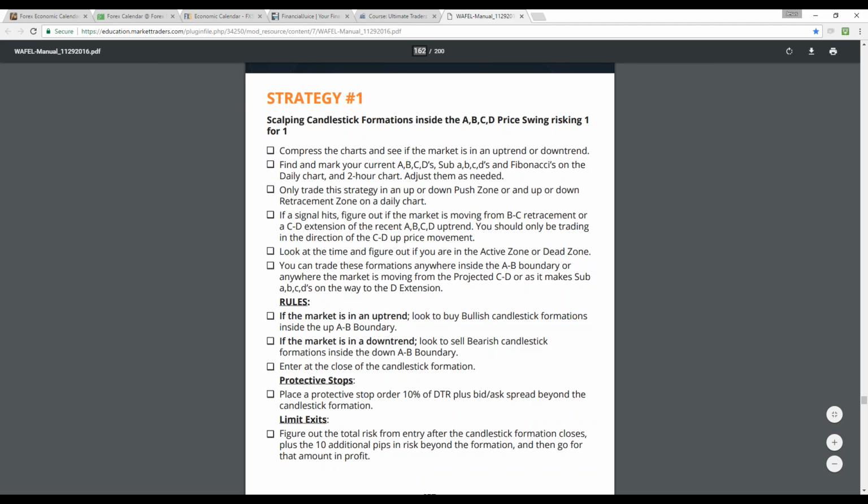So again, the first step will be to determine the overall direction. We do this by compressing the chart in order to determine whether we should be looking for selling and buying opportunities. By compressing the chart, we see in which direction it's been moving, if it is forming lower lows and lower highs, or higher highs and higher lows.